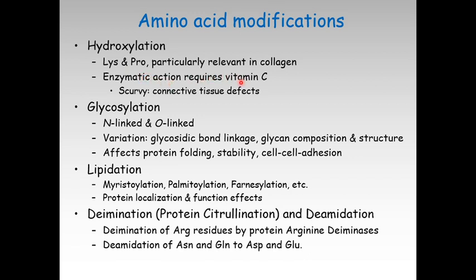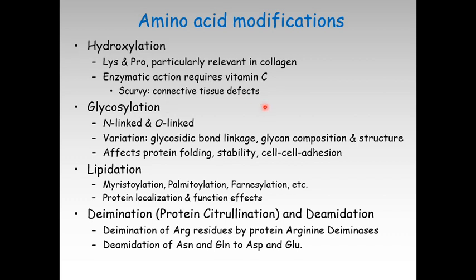Enzymatic action requires vitamin C. So an enzyme that does hydroxylation uses vitamin C. So if you have vitamin C defects, you get scurvy because connective tissues are affected. The reason is because lysine and proline in collagen cannot get hydroxylated, and as a result you get tissue defects. That results in scurvy. That's why you need vitamin C.